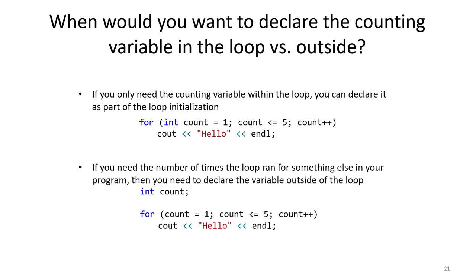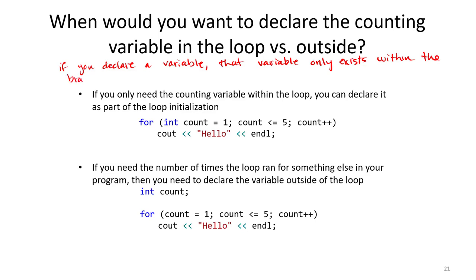If you declare a variable, that variable only exists within the braces where that variable was declared. So again, where the variable exists, that is called the scope of a variable.